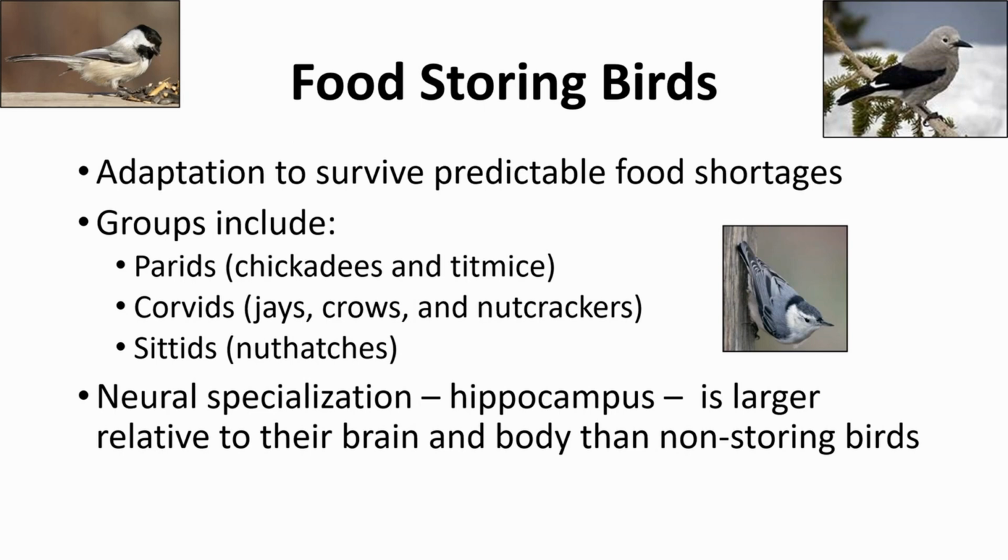So the idea of food storing, or more specifically called caching behavior, is probably an adaptation that's used to survive predictable food shortages. So a lot of bird species that live in the very north or very far south where they have 4 seasons and experience winter, a lot of these species that don't migrate tend to have some kind of food storing ability or some other ability that allows them to obtain food during those months when their normal food sources are covered in snow.